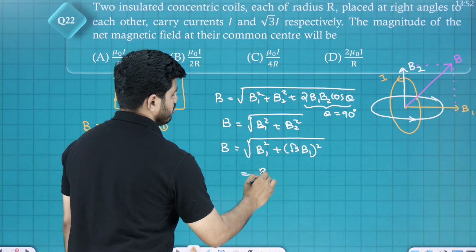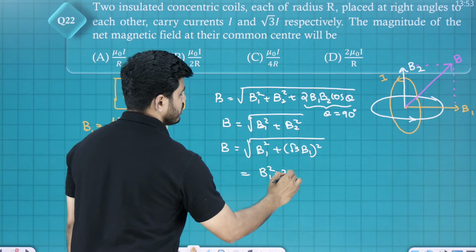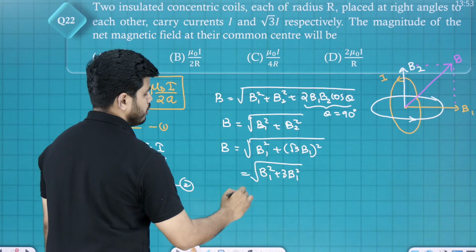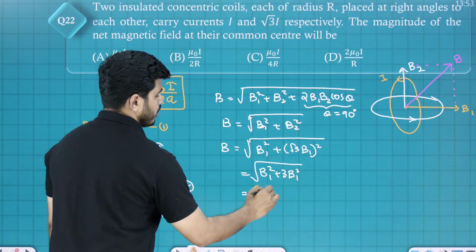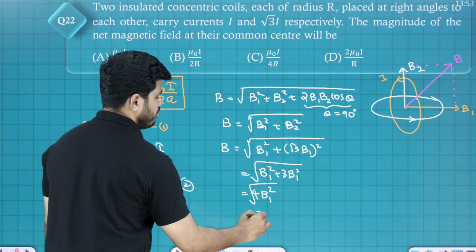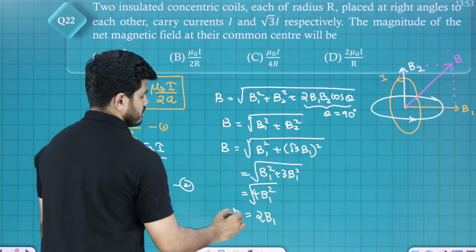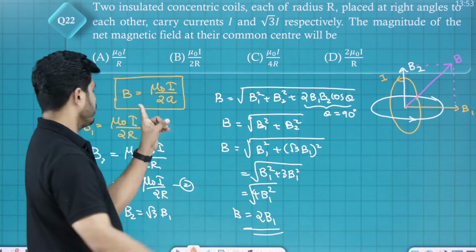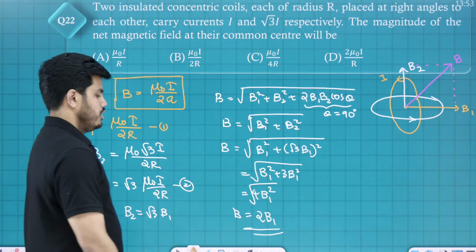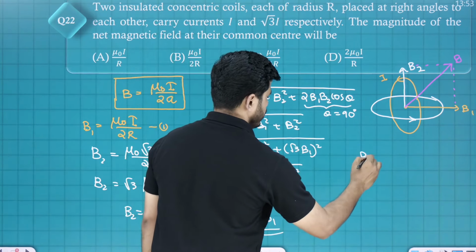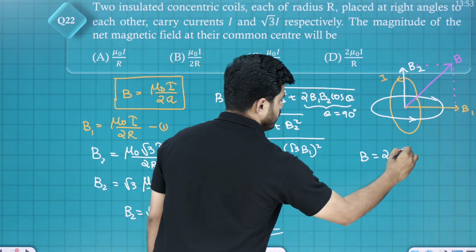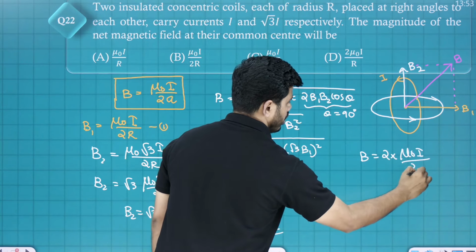So this is going to be B1 square plus 3B1 square, which is actually 4B1 square. The square root of 4B1 square is just 2B1, right? Resultant is going to be 2B1. We know the value of B1: B1 is equal to mu naught I by 2r. So B is going to be 2 times mu naught I by 2r.